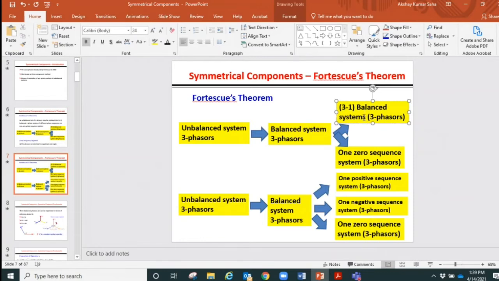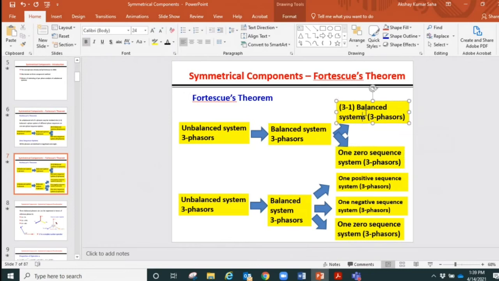One is positive sequence, the other is negative sequence, and the zero sequence system will always be there. It's a constant for Fortescue's theorem. The zero sequence system will always be there with the exact number of phasors that we start with, three phasors all the time.